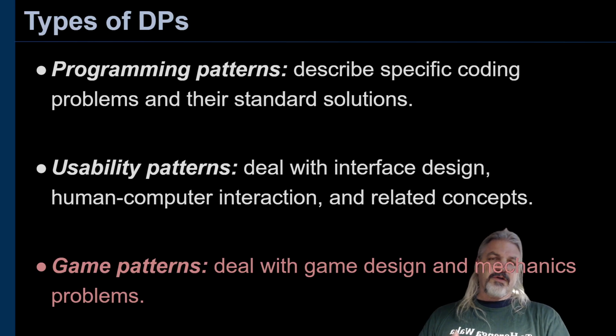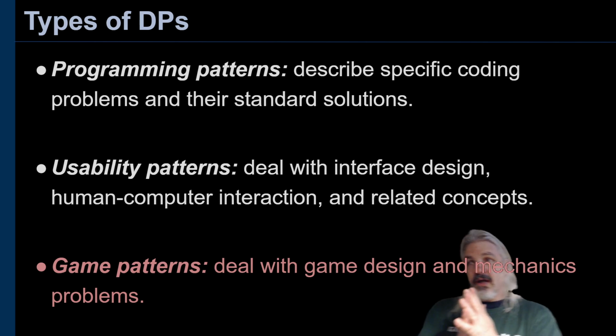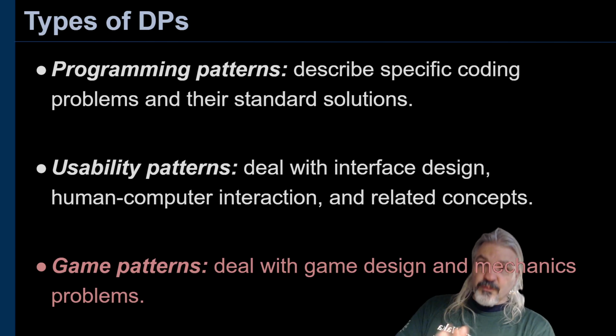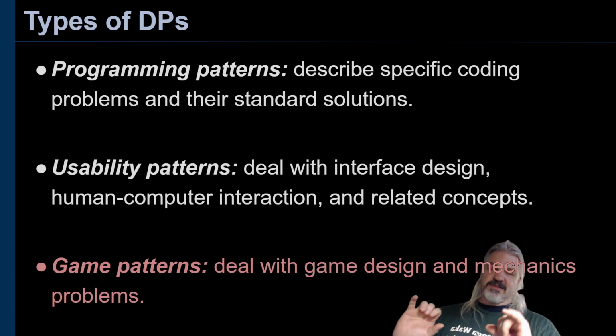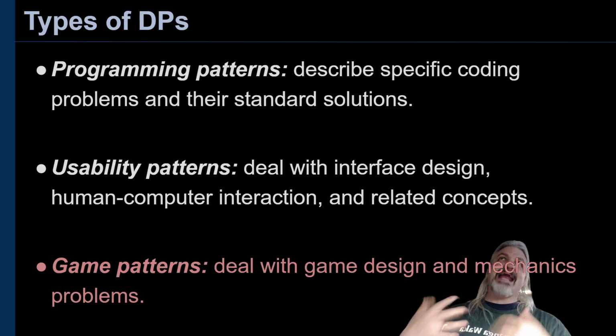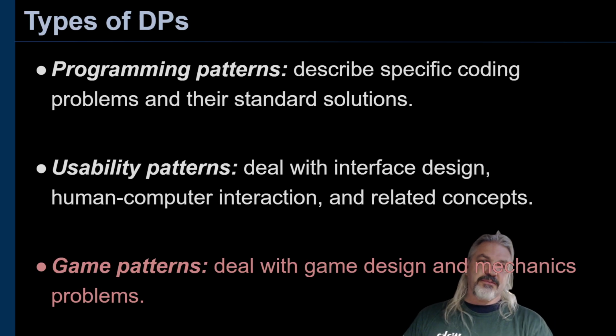So in terms of design patterns, we have the programming patterns, which hopefully you've seen in other courses. Usability patterns, which if you've done a user interface course, there is a collection of human-computer interaction patterns where we look for standard ways of solving problems of interaction.